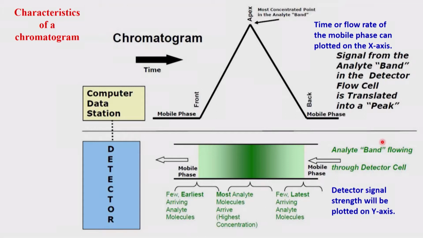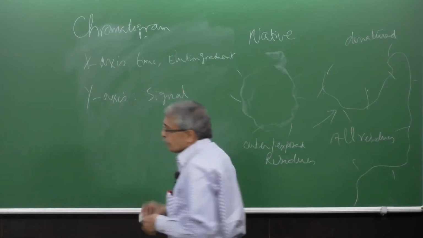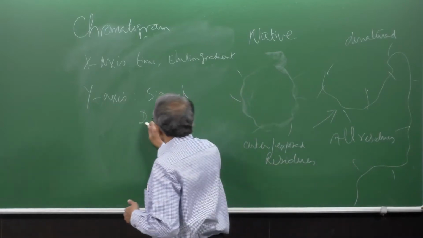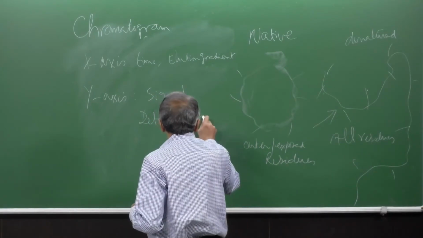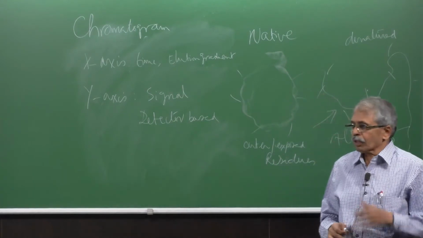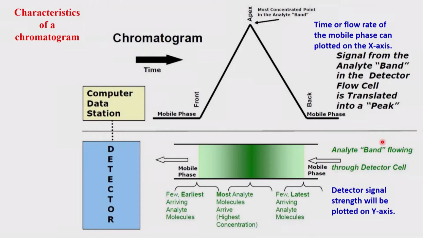And on the y axis, you have the signal. The signal comes from the kind of detector that you have used. So, this is detector based. I will explain a bit later, towards the end of this particular lecture, what kind of detectors are used, etc. So, for the time being you take the signal that comes out of this.